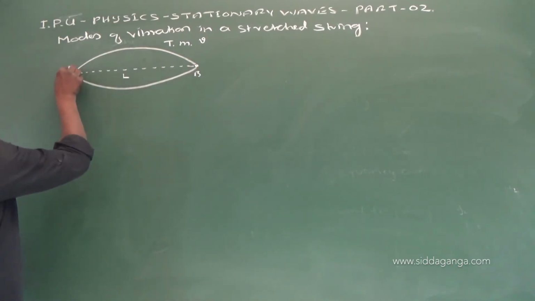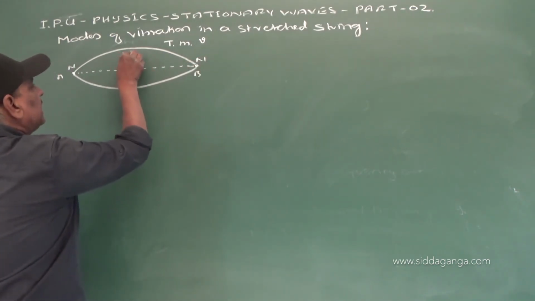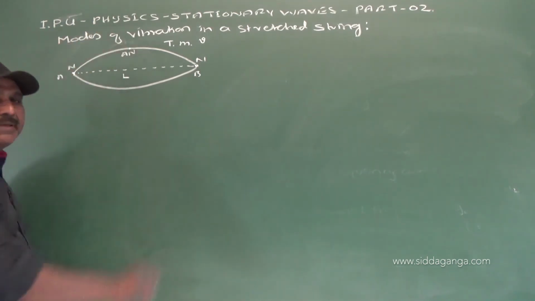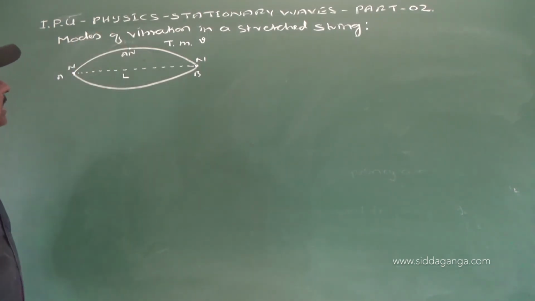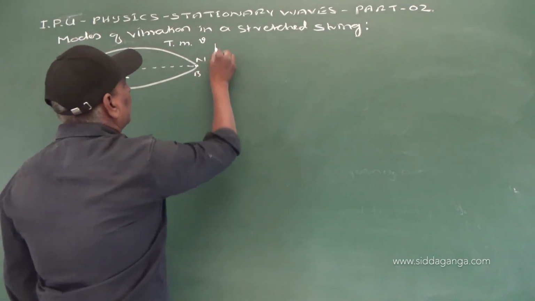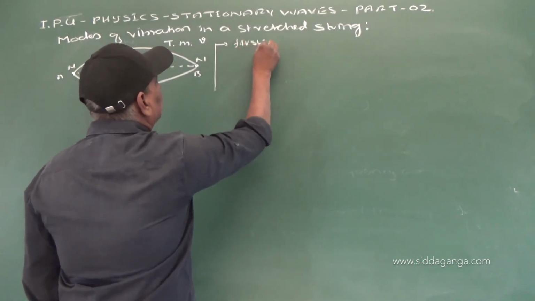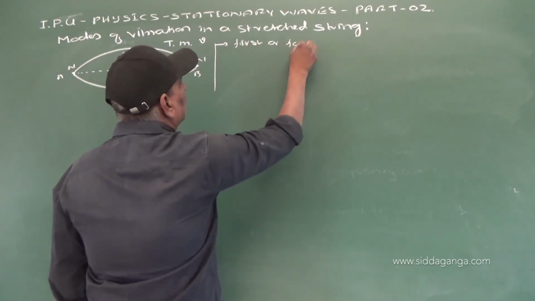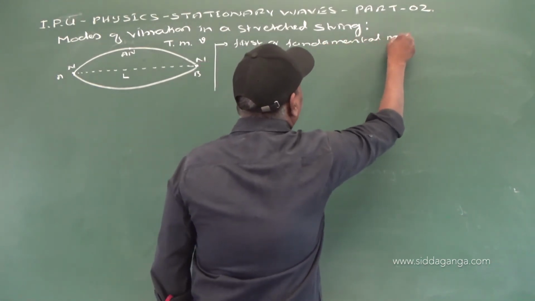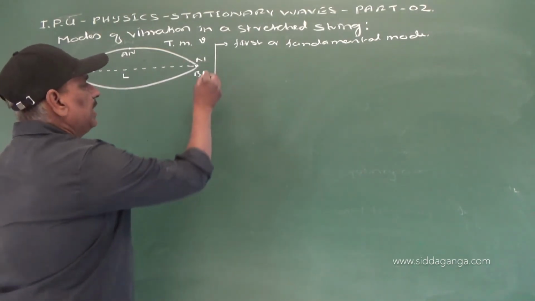So this is a node, this is a node, and an antinode is formed between them. This is called the first or fundamental mode, right?